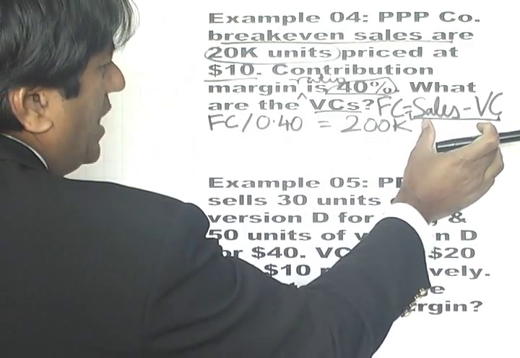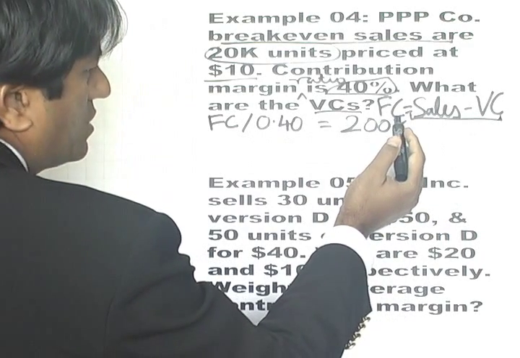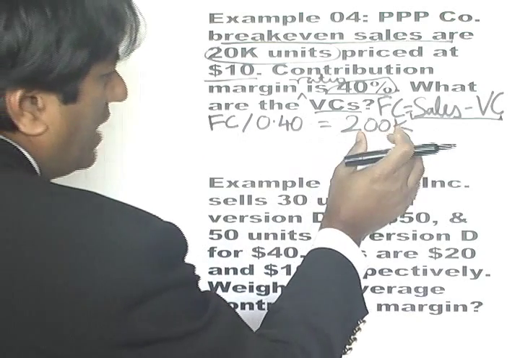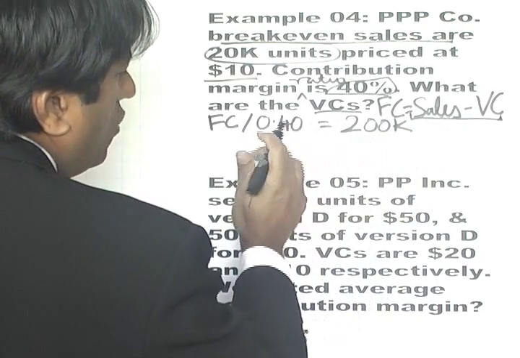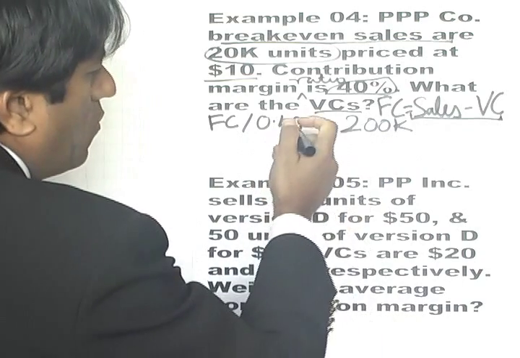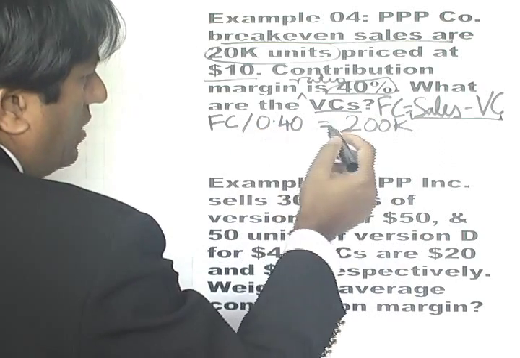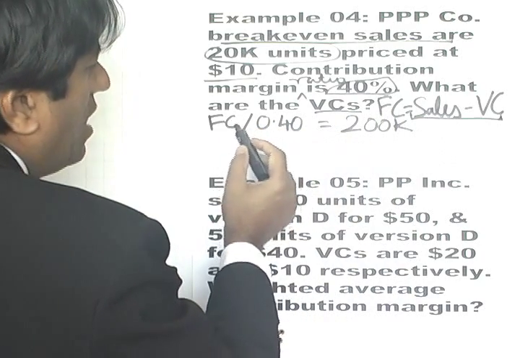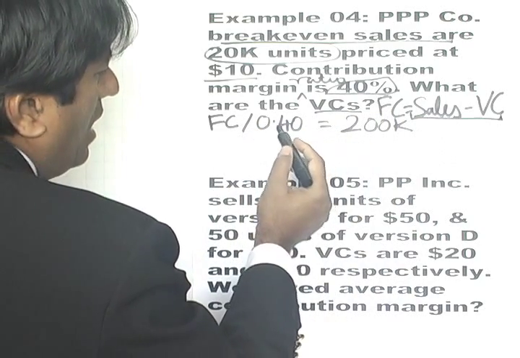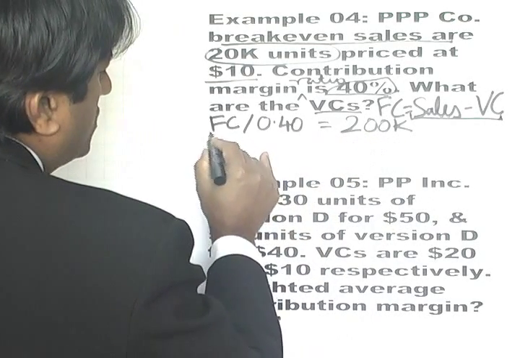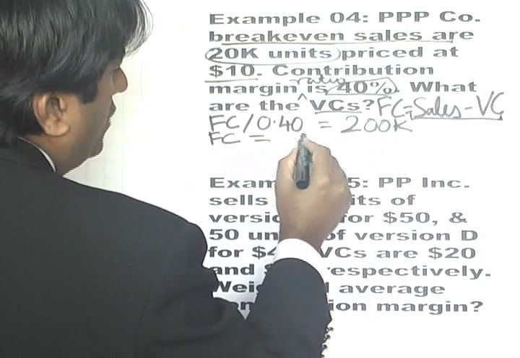And sales minus variable cost is also equal to fixed costs. So you take fixed costs divided by 0.40 equal to 200K, or fixed costs equal to 80K.